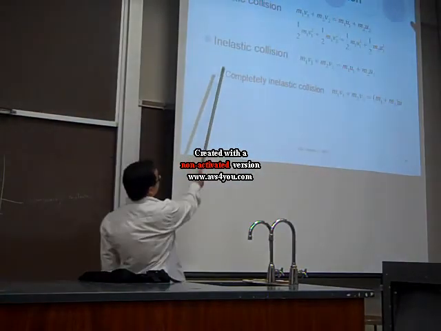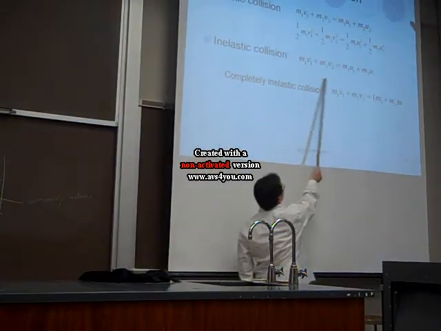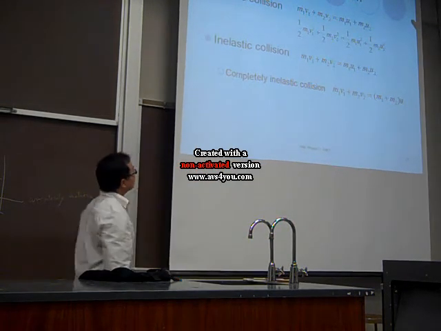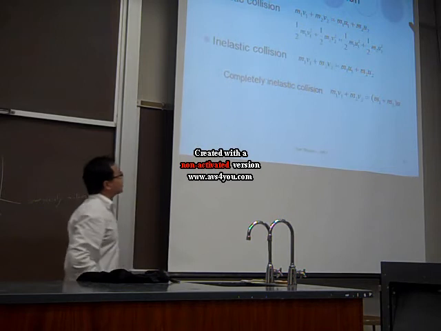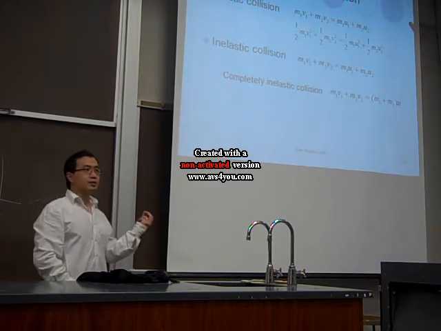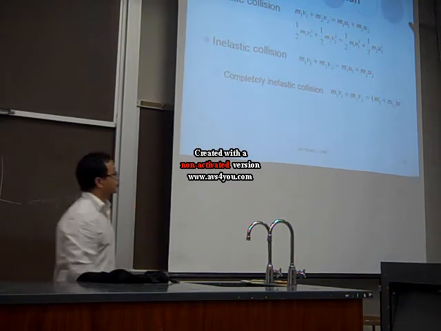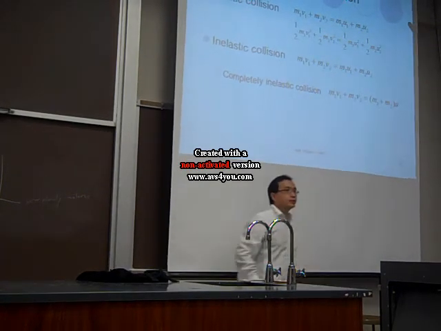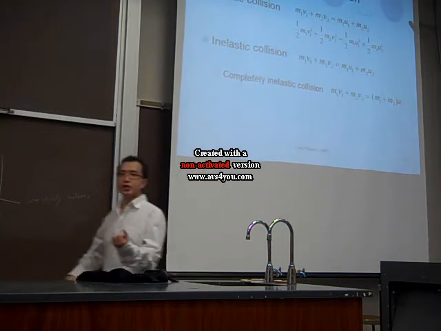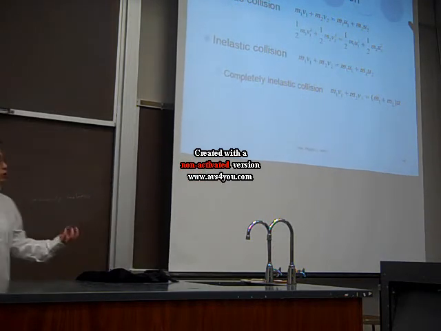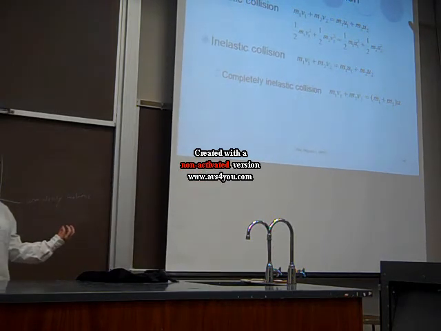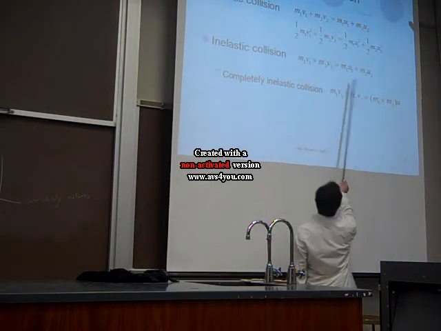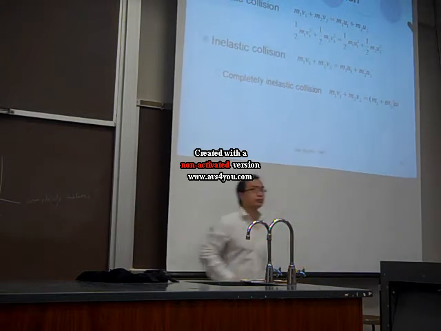For an inelastic collision, you can use only one: momentum conservation. And if we further know that it's a completely inelastic collision, or that they stick together after collision, these two terms can be reduced to one. Because they stick together, they form one object with total mass m1 plus m2, and they share the same final velocity u, instead of different ones, u1 and u2.